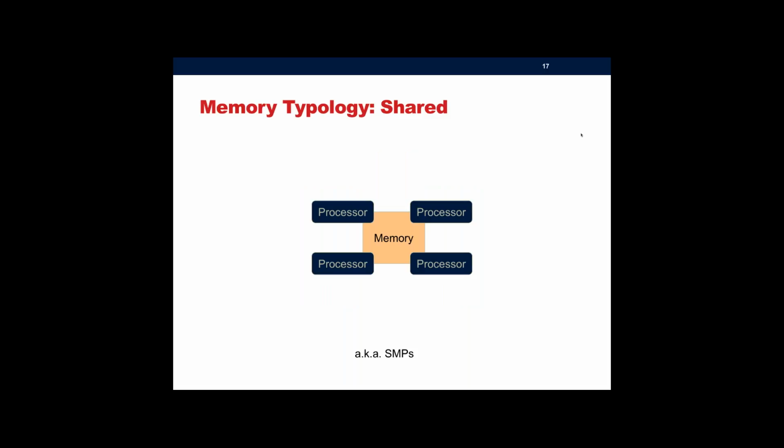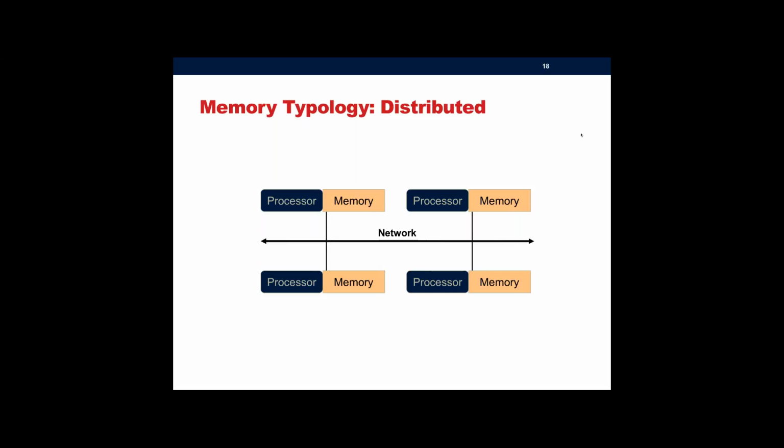One of them is the shared memory view of the architecture. We used to call them SMPs, symmetric multiprocessors. In that case, you have multiple processors that can all access the same memory, but they can do independent work. This will be your workstation with multi-cores or multi-processors in it.